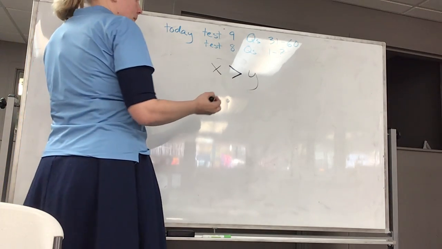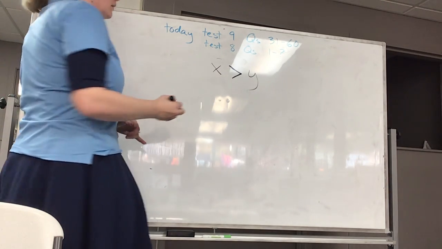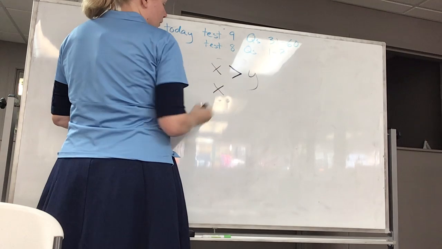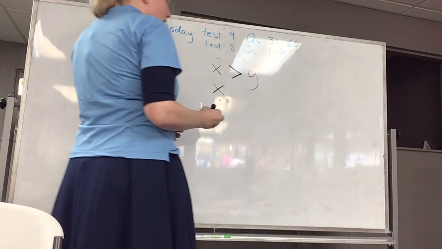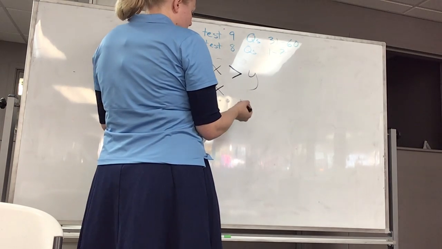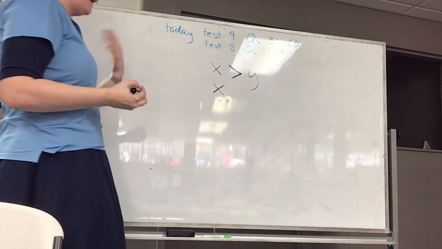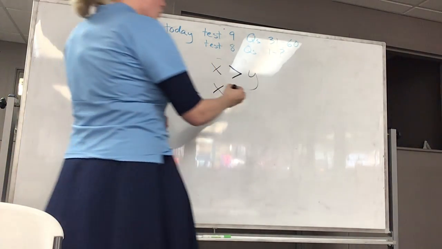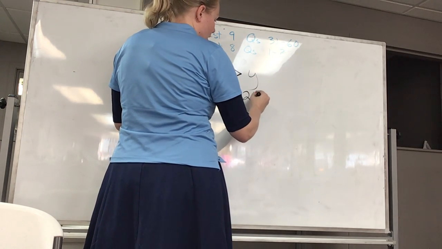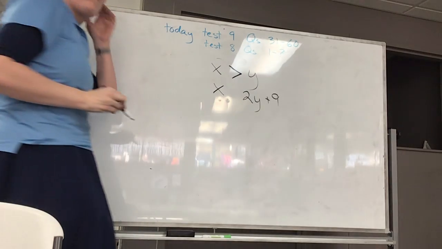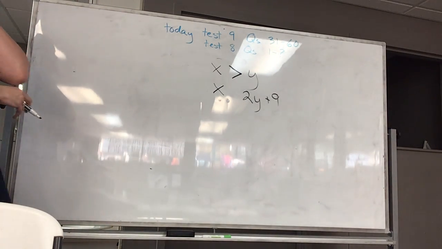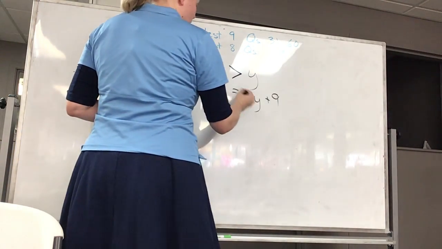And so this large number is 9 greater than twice the small number. So 2 times the small number plus 9 equals that.